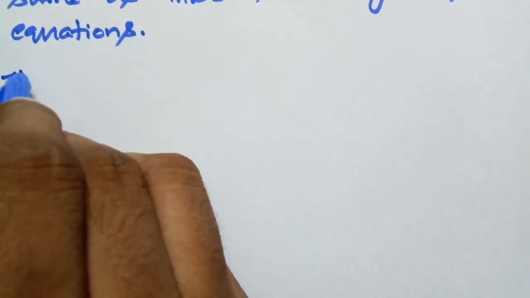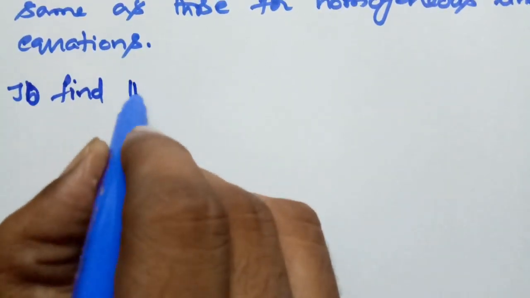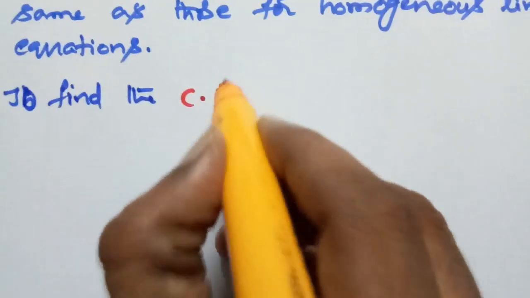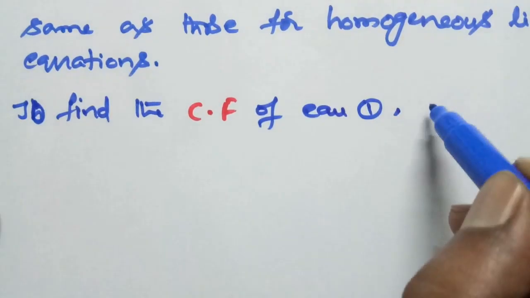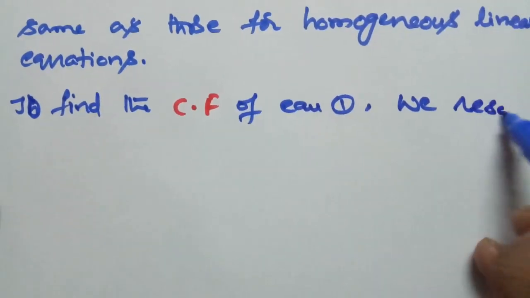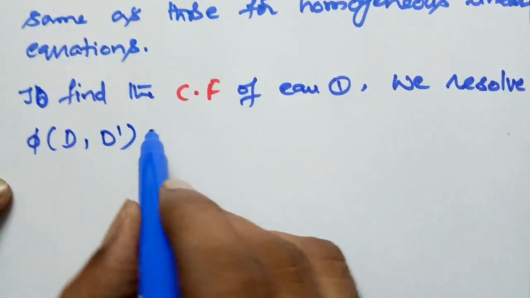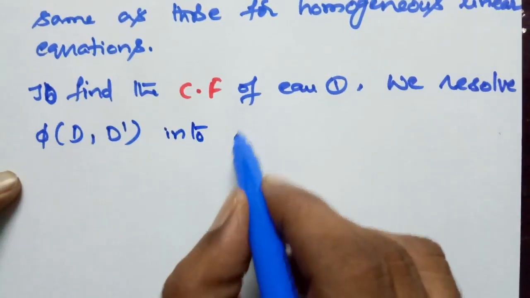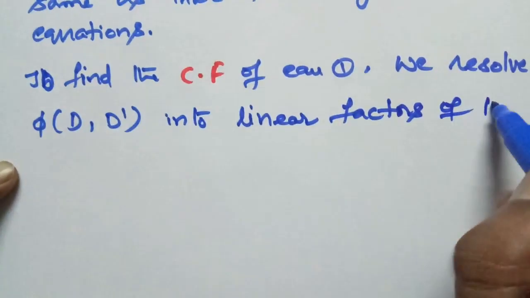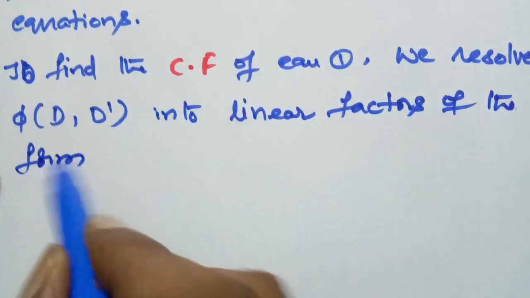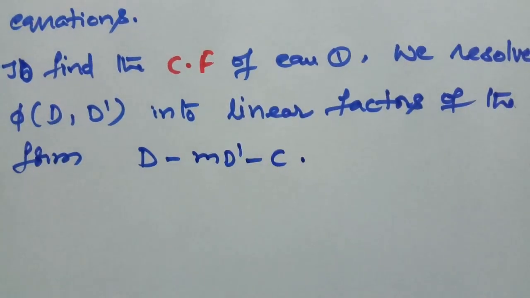To find the complementary function of equation 1, we resolve phi of D, D dash into linear factors of the form D minus m D dash minus c.